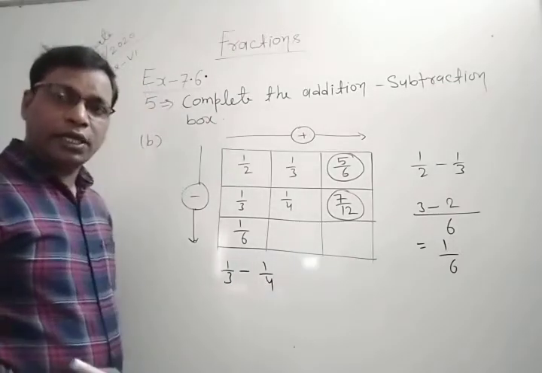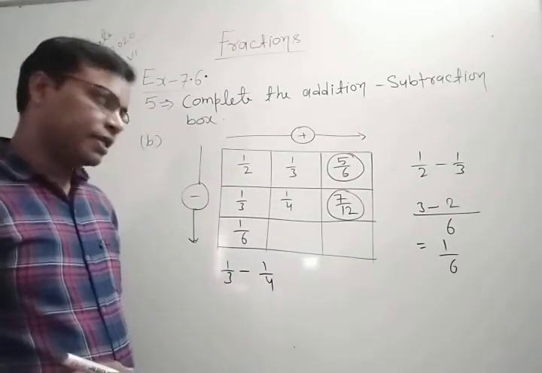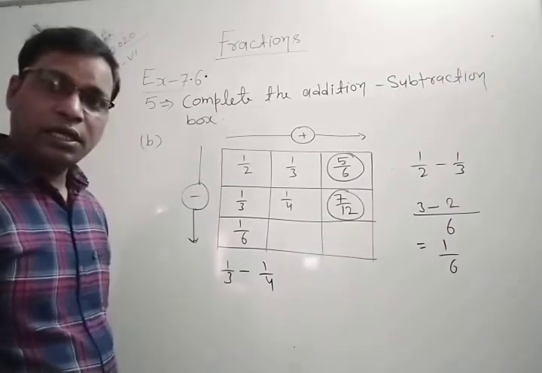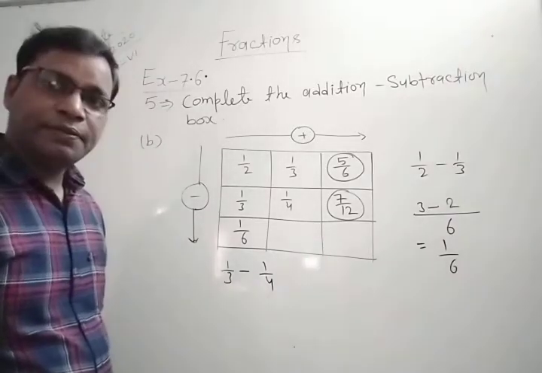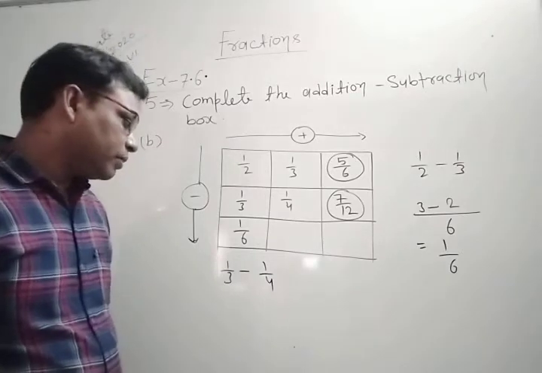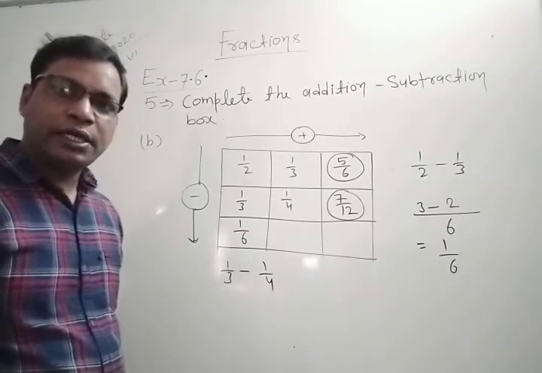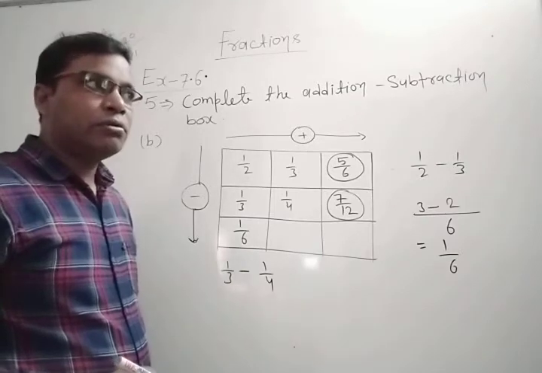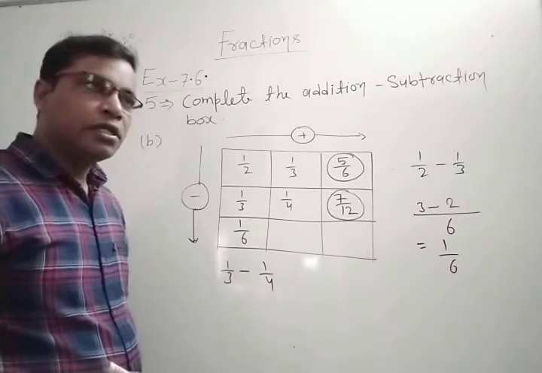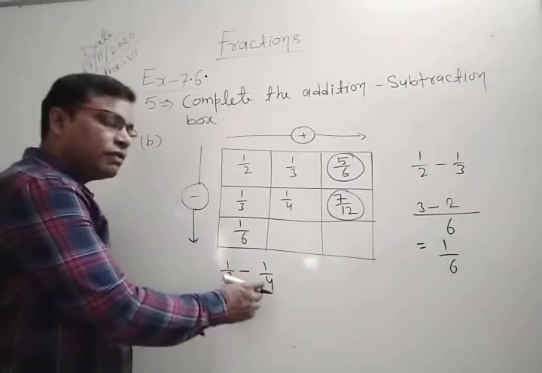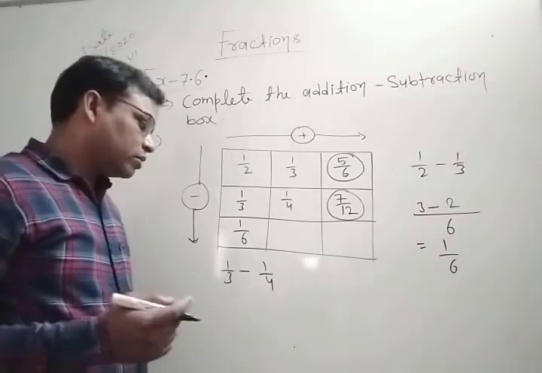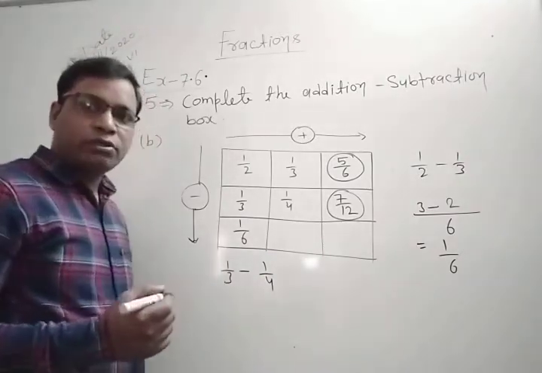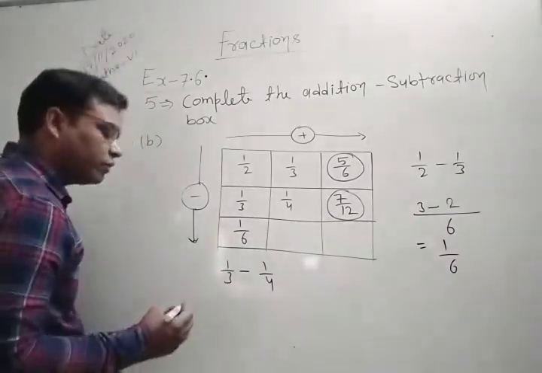Both fractions are unlike fractions. Clear? So first we find their LCM. 3 is a prime number and 4 is a composite number, and they are not multiples of each other, so the LCM of 3 and 4 is their product. 3 into 4 is equal to 12. You can write here 12.